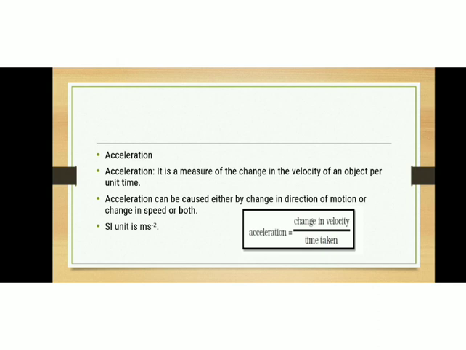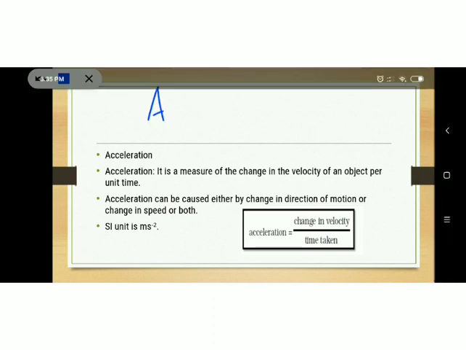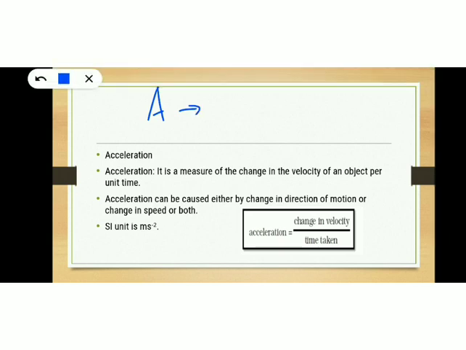So change in velocity can be a change in the magnitude of velocity or a change in the direction. For example, consider an object A which is moving with a velocity of 5 meter per second towards east.